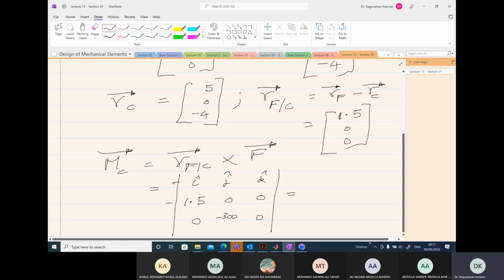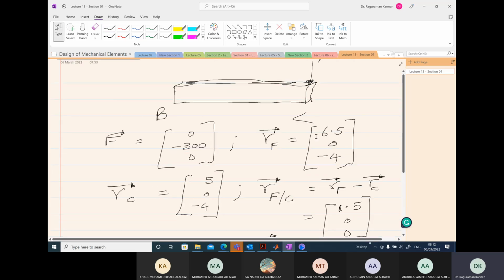For the expansion, we put plus, minus, plus, and then we get a minus here. So minus of minus is plus 300 times 0 minus 1.5k. Finally, we get minus 450k.